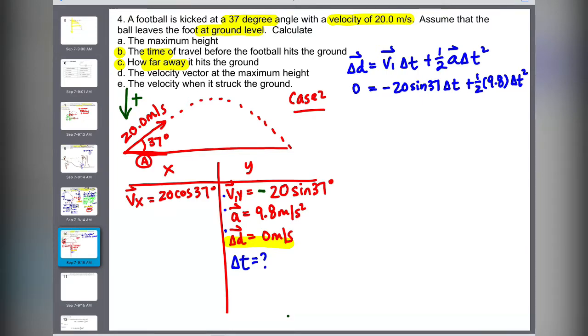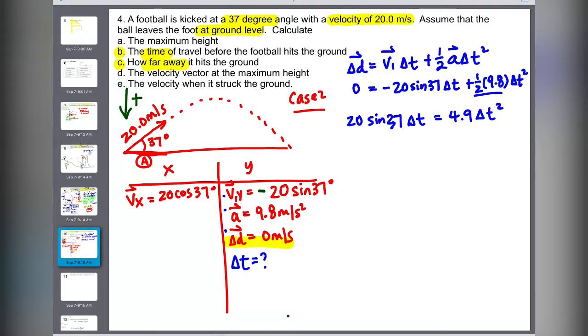Because this is a negative, I can swing it over to the left hand side. Okay, so 20 sine of 37 times time equals 4.9 t squared. Are we okay? 1/2 times 9.8, I just simplified it, equals 4.9. You now have a t on one side and a t squared on one side. So what you could do is divide both sides. We use the term called canceling.